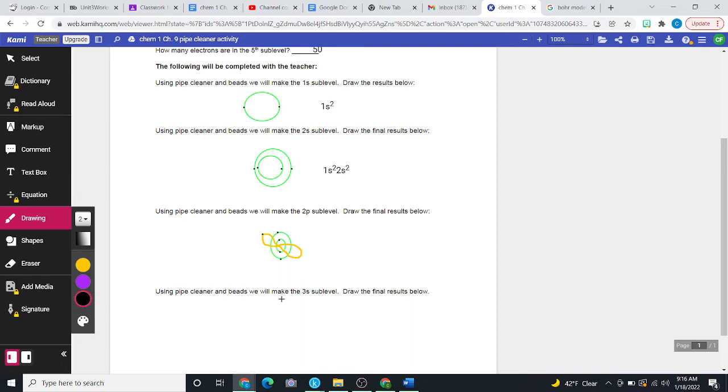Now, go ahead and take one of your other orange or other red, depending on what colors you have, and put an electron on it. And do the exact same thing. You're going to make a loop, it almost looks like sunglasses, and then I kind of twist it in the middle so it'll stay together, maybe.